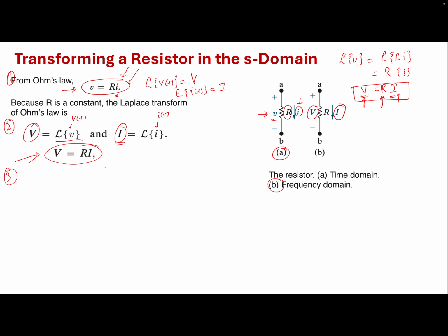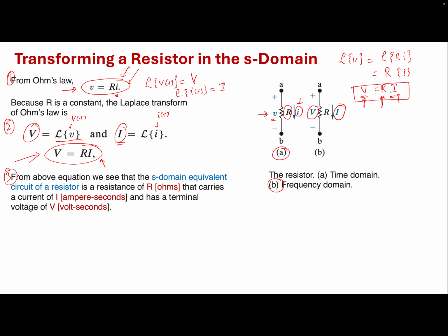From this equation, we can see that our circuit can still be represented by a constant resistance of R ohms that will carry the current I, but this I will be in ampere seconds, and the voltage across that resistance would be in volt seconds.